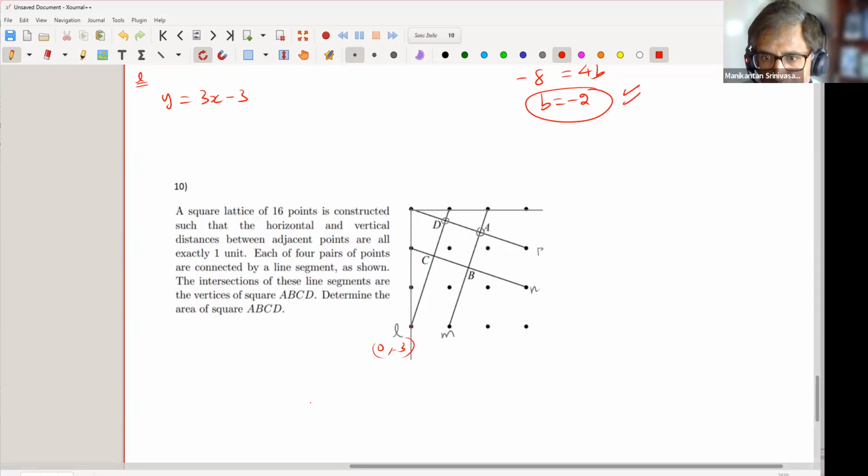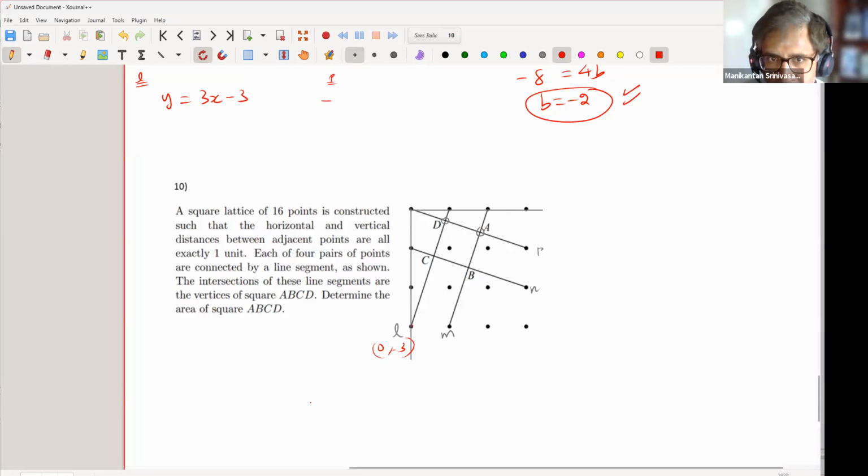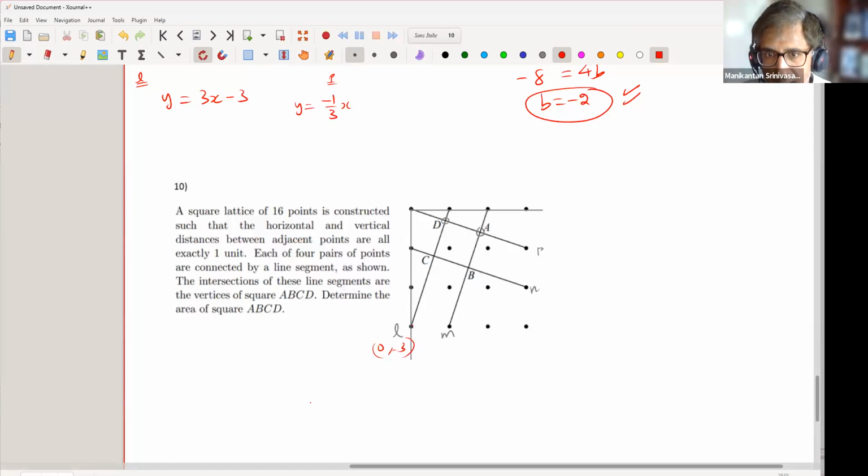Let's write out for P and N as well. Line P, you can see the slope is negative and a shallow slope, minus 1/3. So y is minus 1/3 x, and it passes through the origin itself, so there's no y-intercept.